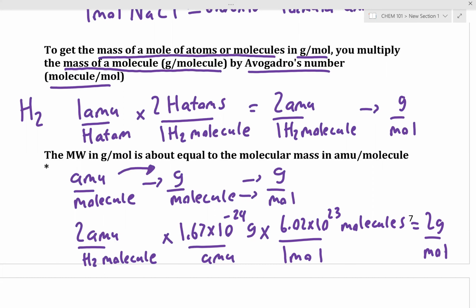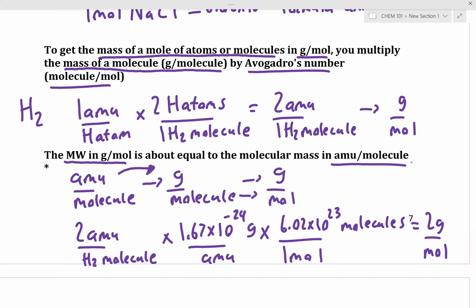We take 2 times 1.67 EE negative 24 times 6.02 EE23, and we get a mass of roughly 2 grams per mole. It seems like we did a lot of work, but the entire purpose of this demonstration is to show that the molecular weight in gram per mole is about equal to the molecular mass in AMU per molecule.